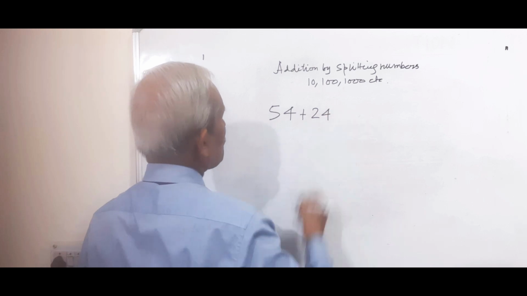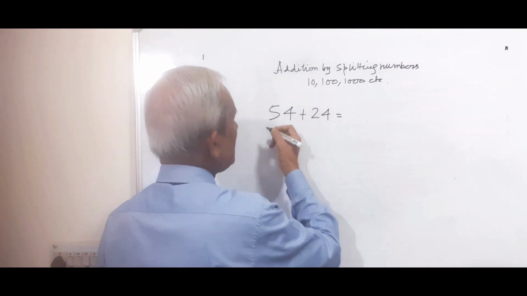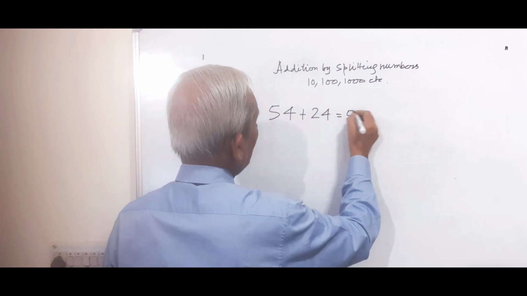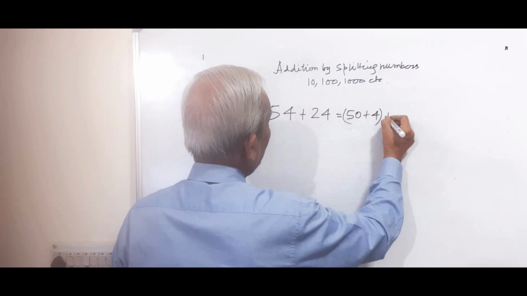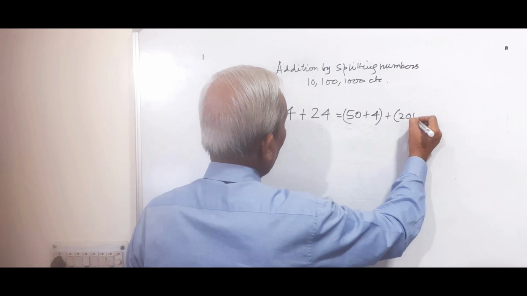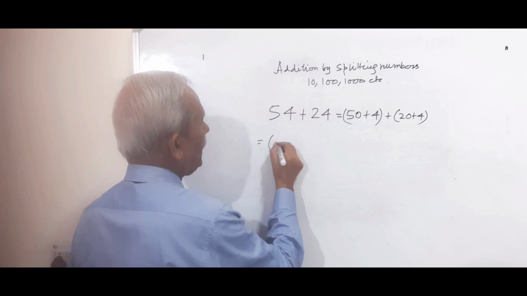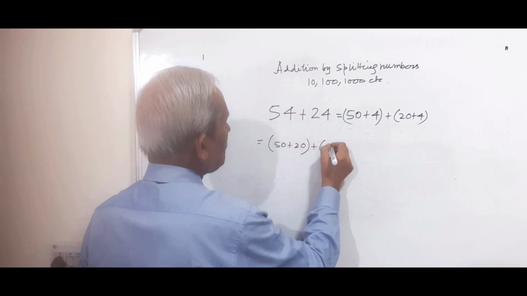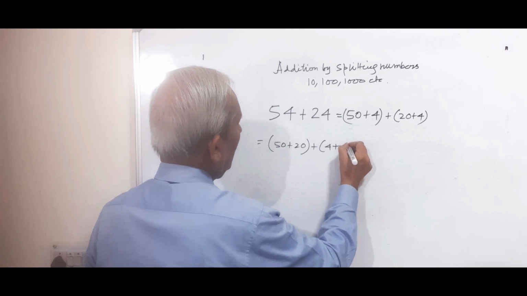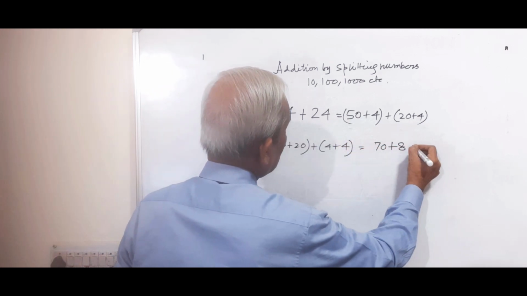We can break 54 into 50 plus 4, and 24 into 20 plus 4. Then 50 plus 20 is 70, plus 4 plus 4 is 8, which is 78.